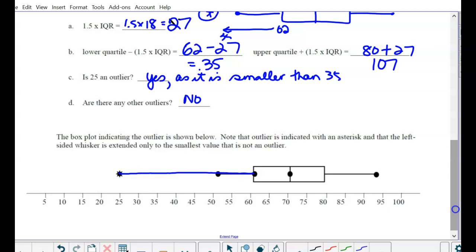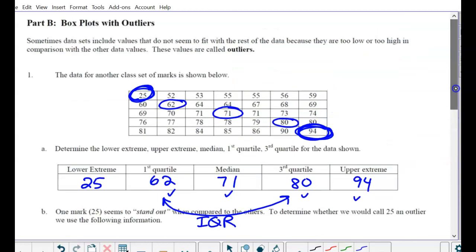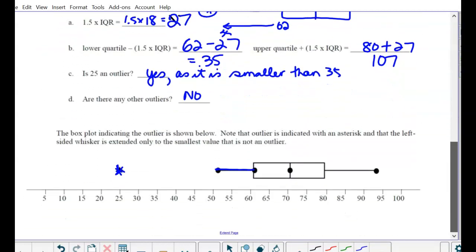And if it is, you make this a star and you delete the line in between till the next data value. So the next one was 52 in your chart. Right, so then it's 52.